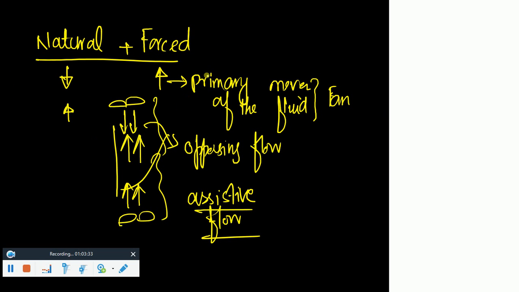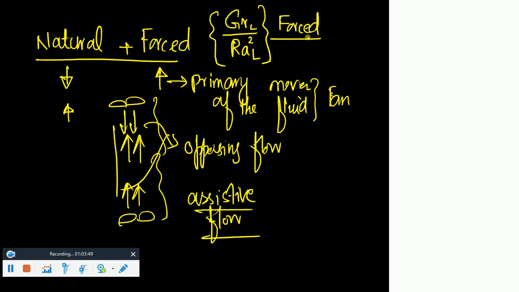So what people say is that based upon this quantity, you can determine whether you need some assistive flow or some opposing flow, because the Grashof number is related to natural convection, and the Reynolds number is something related to forced convection.